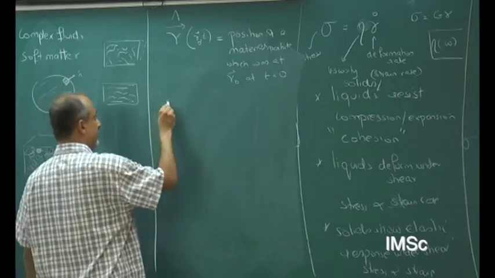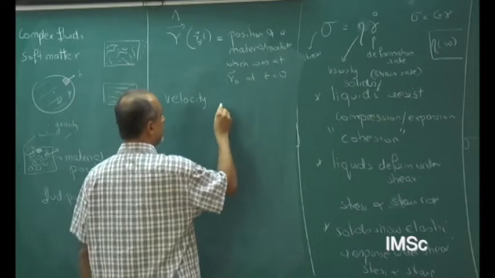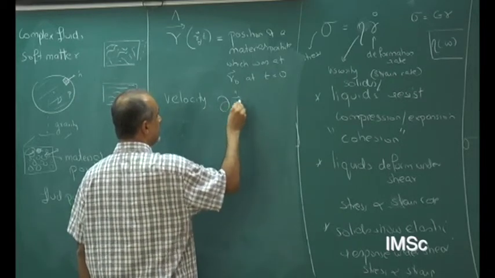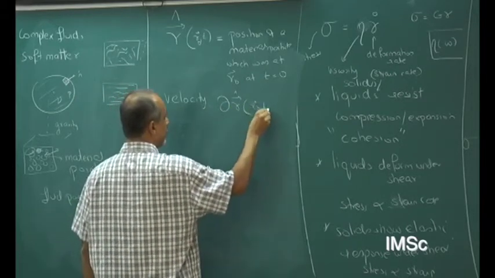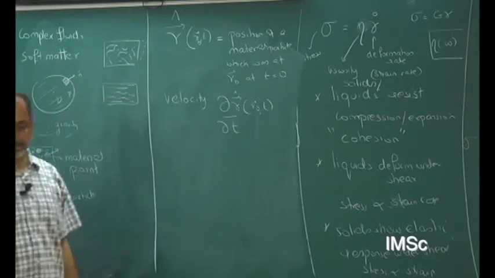The velocity is just, of course, delta of R hat, R0 comma t, divided by delta t, how fast things are moving.